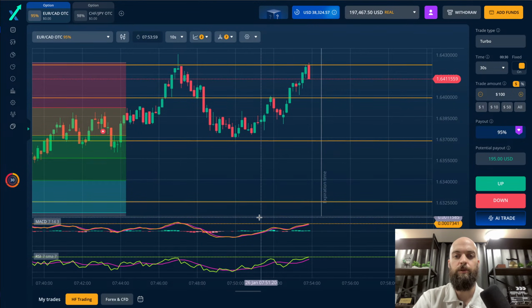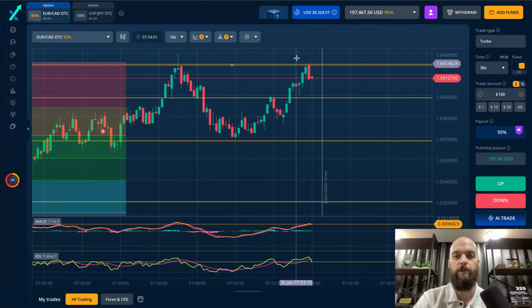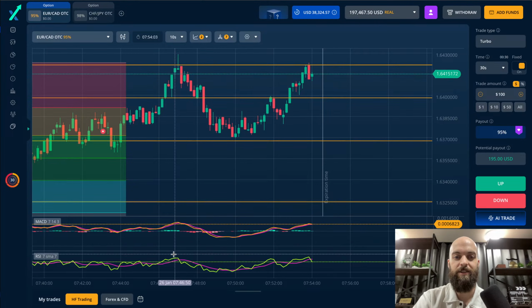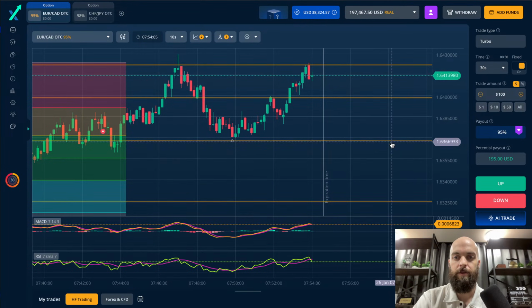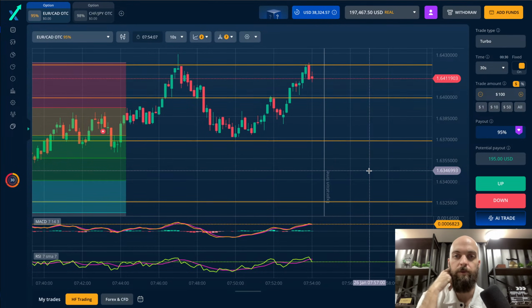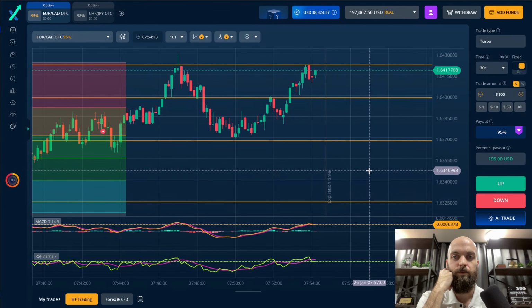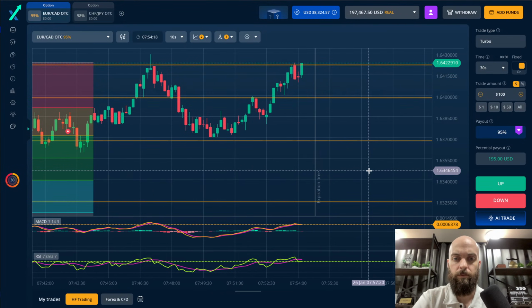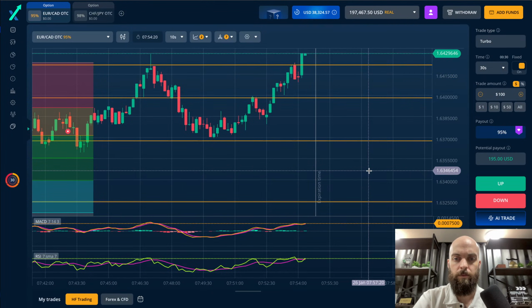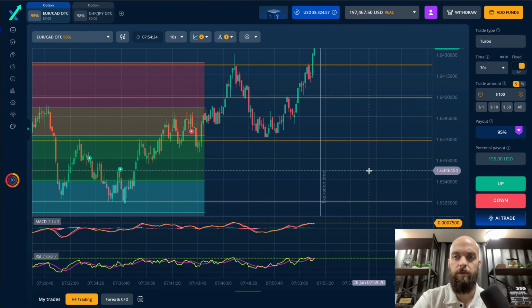Our MACD shows a bit of some divergence here. Nothing crazy. So if you take the trade, it'll be a bit risky. See, very risky.